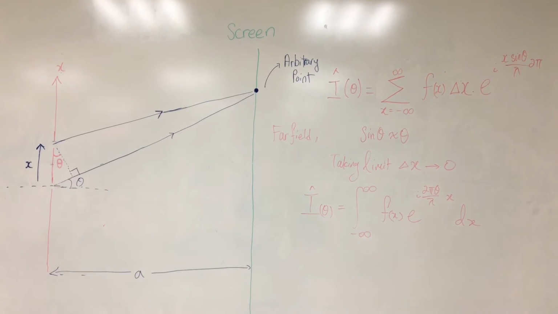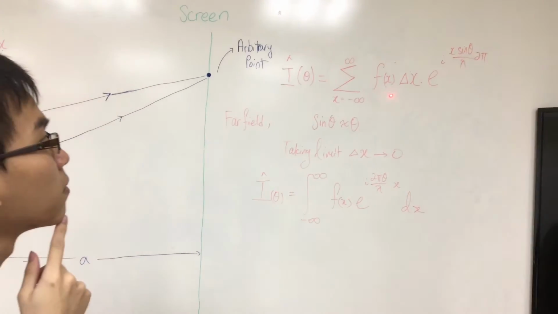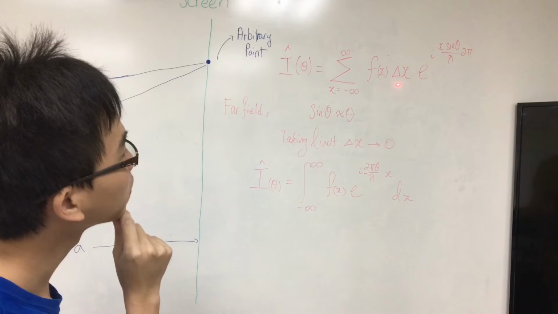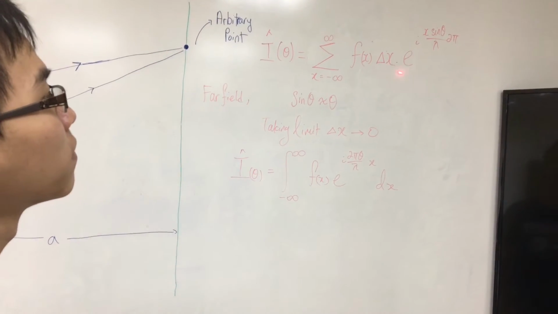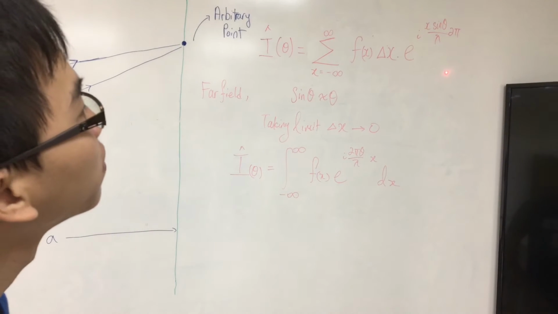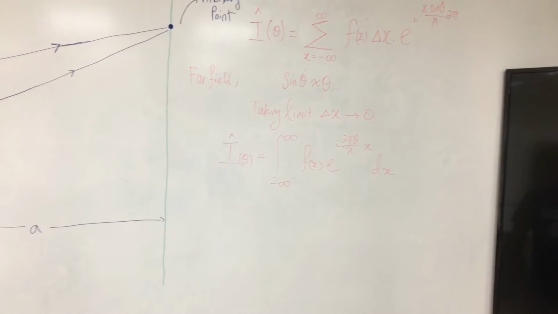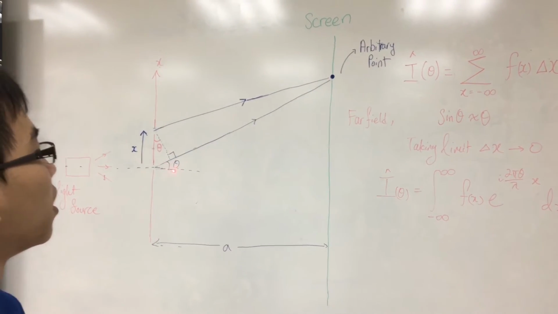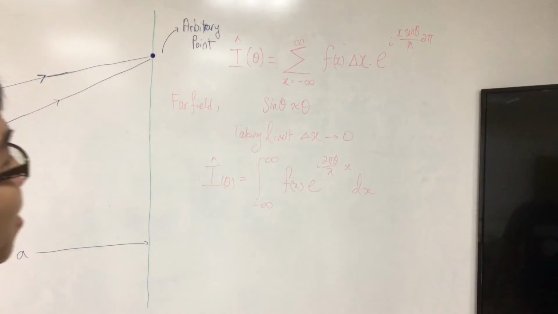Now, we do this over here. F(x) refers to the intensity coming from the grating, multiplied by a small distance of the grating, delta x. And you can see over here this exponential term actually refers to the phase difference as a result of the difference in distance traveled by each point of the grating.